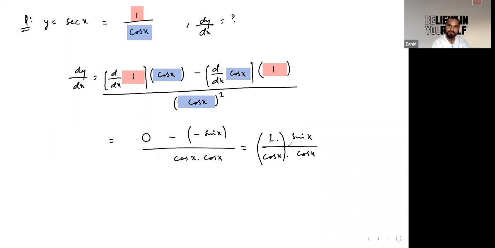This whole term is a product of trigonometric functions. 1 upon cos x would be sec x, and sin x upon cos x would be tan x. Is it clear to everyone? Raza, is it clear? Yes, sir. Vaishnav? Nabila? Yes, sir, it's clear. Good. Just write it down.